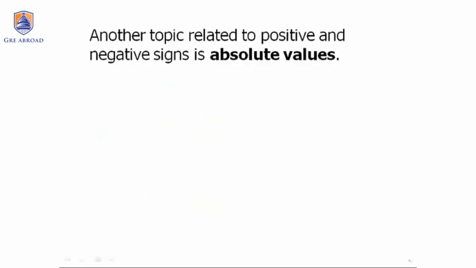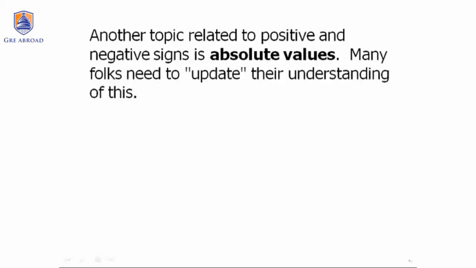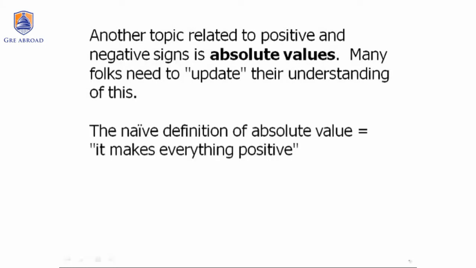Another topic related to positive and negative signs is absolute value. Many folks need to update their understanding of this mathematical idea. The naive definition of absolute value is it makes everything positive. This is pretty much what folks learn in grade school, and some people never update this understanding. Well, what's the problem with this?